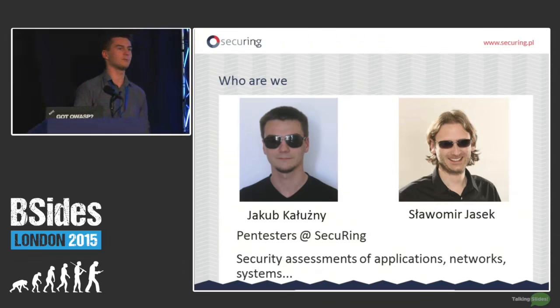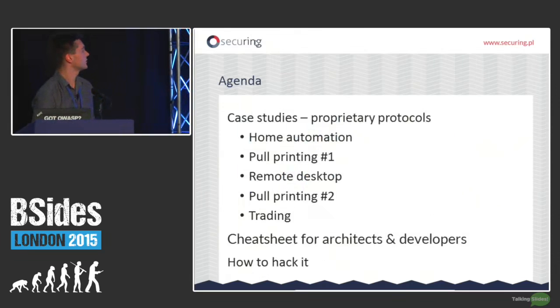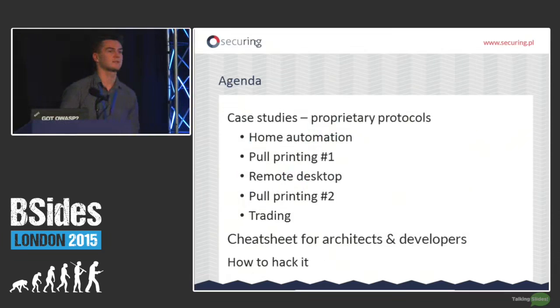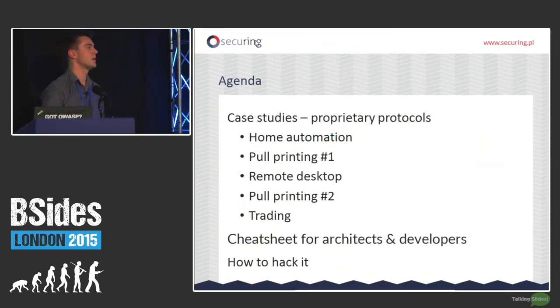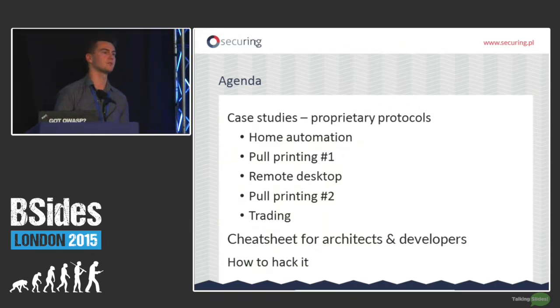Actually, this talk will be about weird devices which connect to the internet or to the networks through proprietary network protocols. I will show you a few case studies which we found during our penetration tests. We are talking about home automation, pull printing solutions, some forex trading software, and remote desktops.